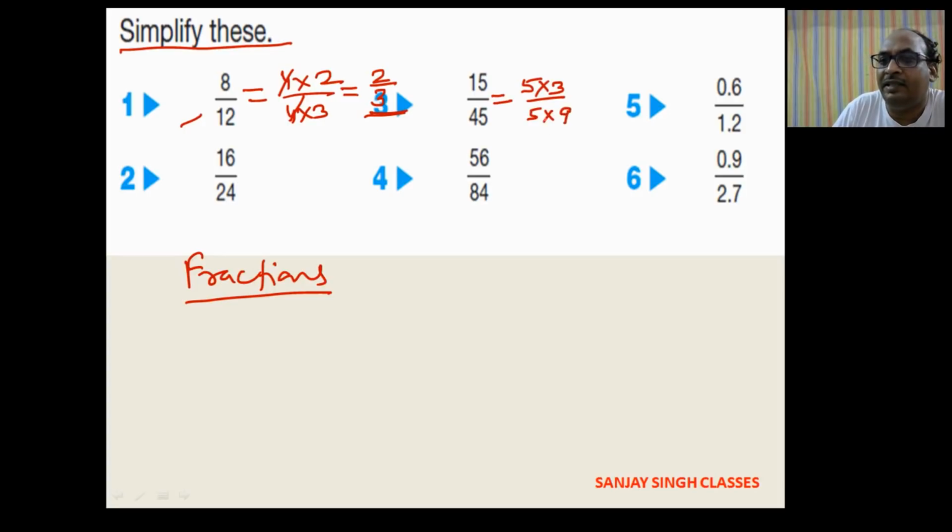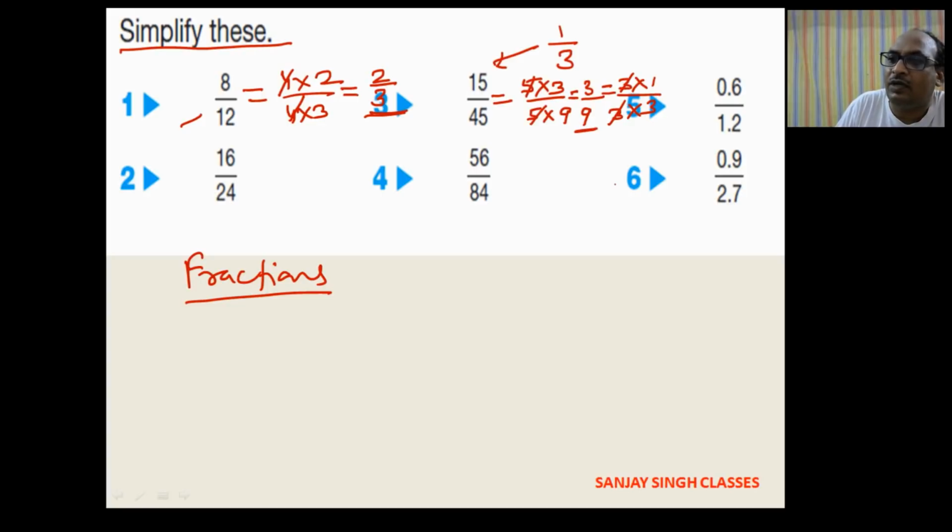This 5 and 5 we can cancel, and it has reduced to 3 by 9. Further, 3 into 1 divided by 3 into 3, since 9 is written as 3 into 3. So this 3 and 3 will get cancelled, and our 15 by 45 will be reduced to 1 by 3. Okay.